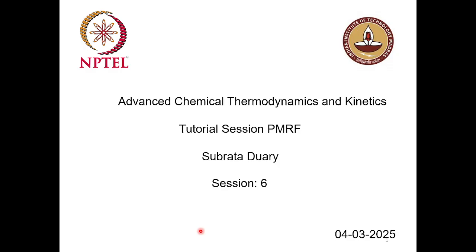But in normal chemical thermodynamics, we have talked about the change in enthalpy, change in energy, change in Gibbs energy. But here you can measure the absolute value of the parameter.